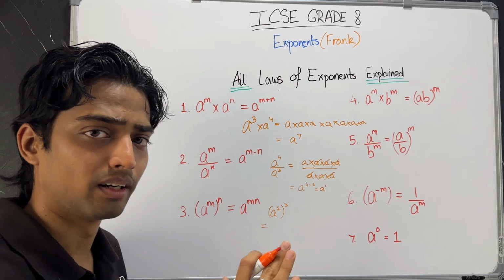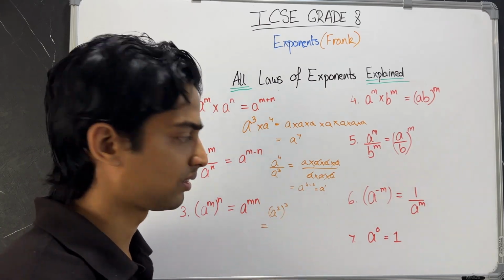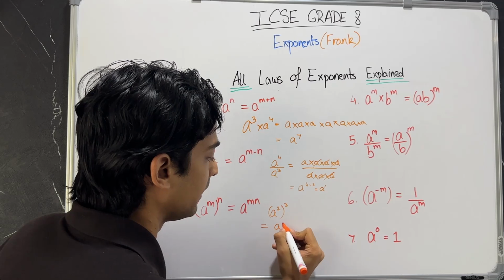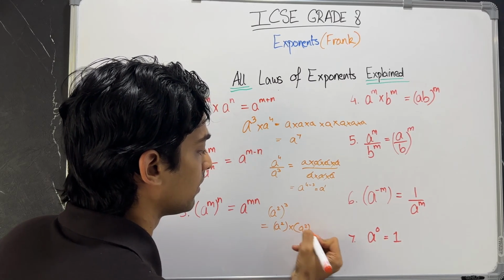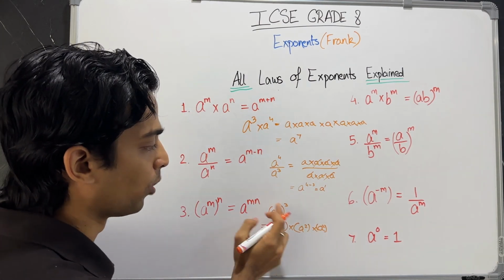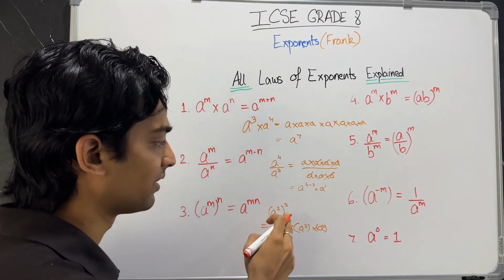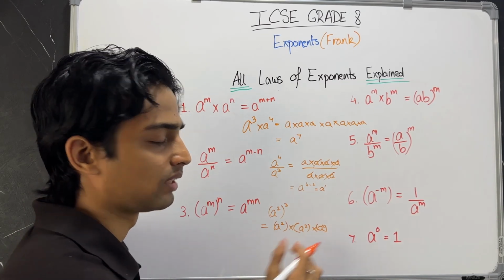Let the inside of the bracket remain as it is. The whole bracket is getting multiplied by itself 3 times. So let's write that. So a square into a square into a square. So what we have done, the whole bracket is one single unit, is getting multiplied by itself 3 times. So we just wrote the bracket multiplied by itself 3 times.